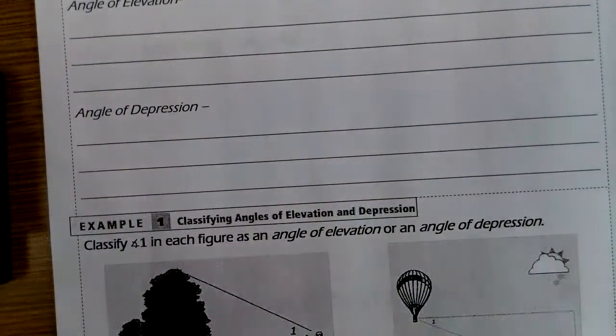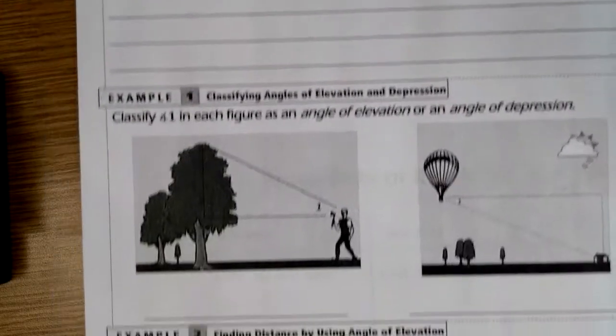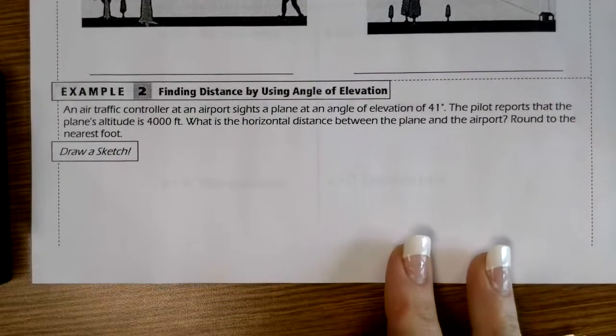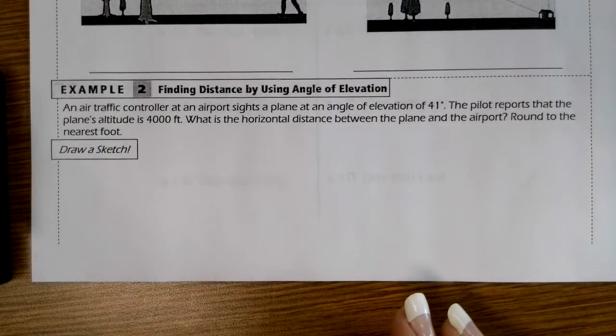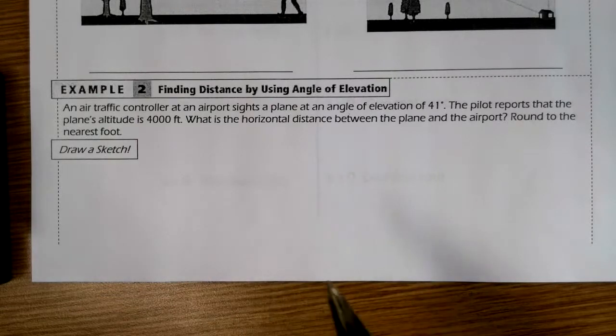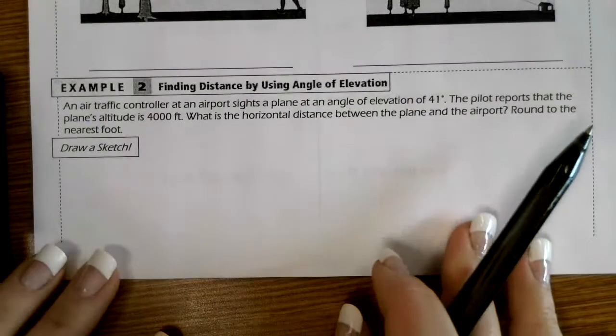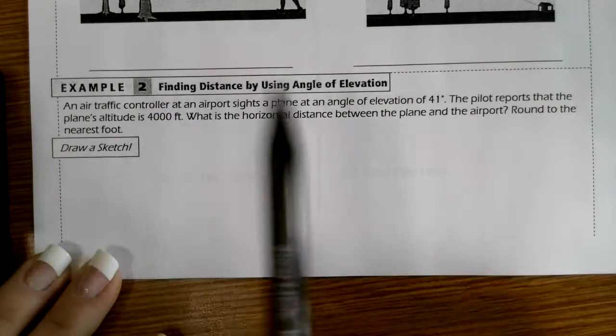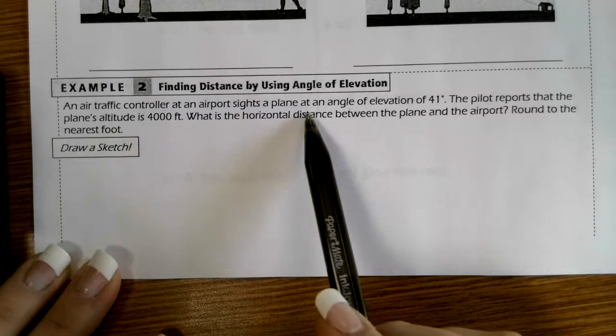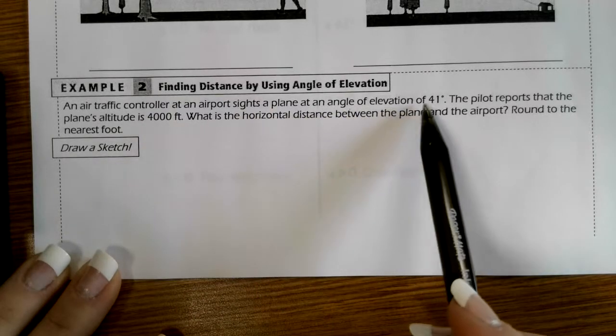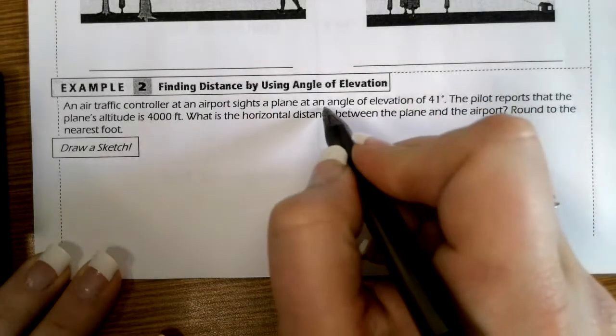We're going to use this idea of elevation and depression to create pictures. So they're word problems. And we're going to have to use SOHCAHTOA, our trig functions, to find missing lengths or missing degrees. So let's look at our example here. An air traffic controller at an airport sights a plane at an angle of elevation of 41 degrees.